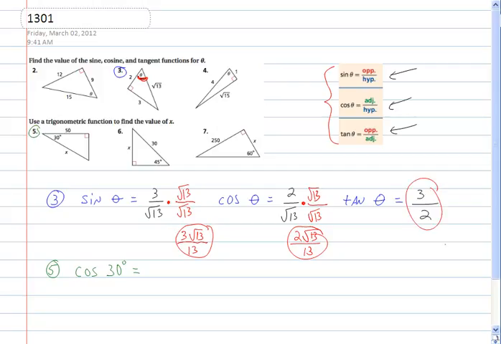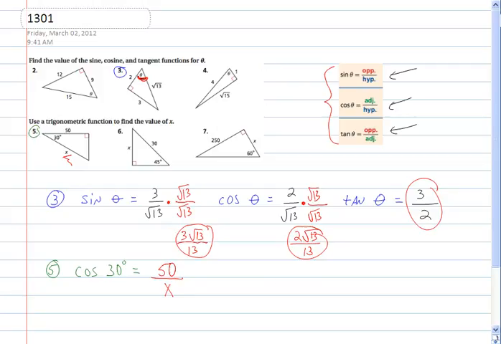That's fine. For number 5, if you take a look at that, it says use the trig function to find the value of x. And so we're trying to find this side right here, that's the x. We're given the adjacent side, so that means I want to use cosine of 30 degrees is equal to the adjacent, which is going to be 50, divided by the hypotenuse, which in this case is x.